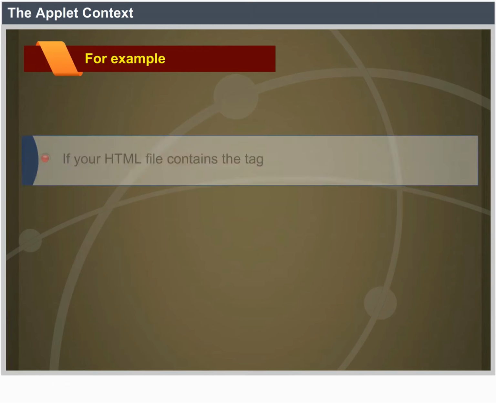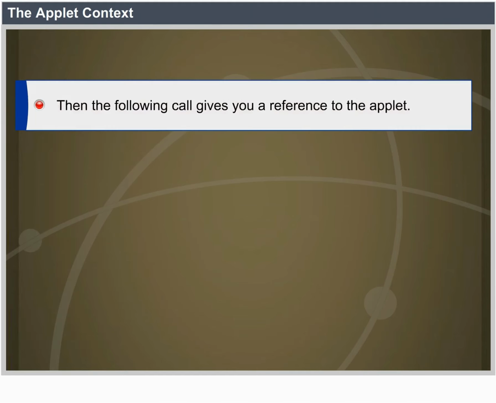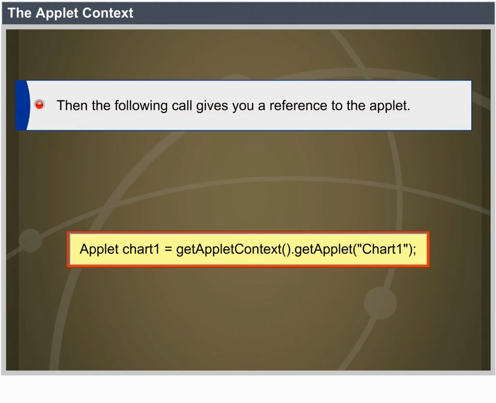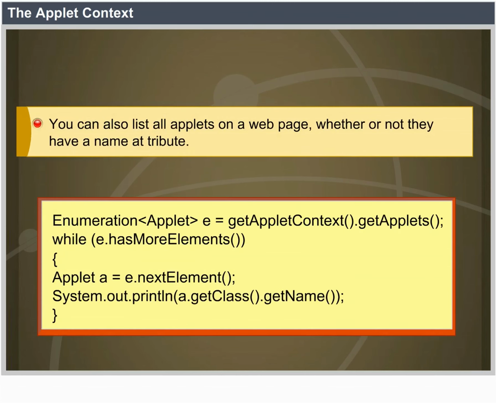For example, if your HTML file contains the tag applet code equal to chart.class, width equal to 100, height equal to 100, name equal to chart1, then the following call gives you a reference to the applet. Applet chart1 equal to getAppletContext.getApplet of chart1.